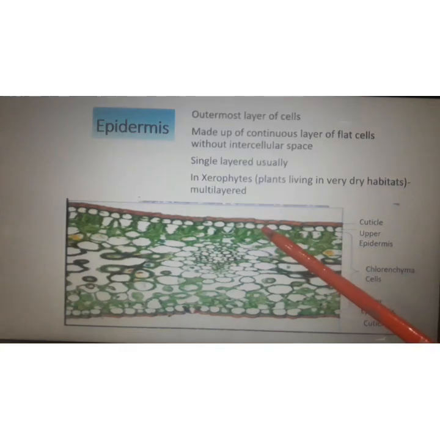Another characteristic feature of epidermis is that it is single layered usually in most of the plants, but in very dry habitats plants have a multi-layered epidermis so as to avoid water loss. The entire surface of a plant has this outer covering of epidermis.